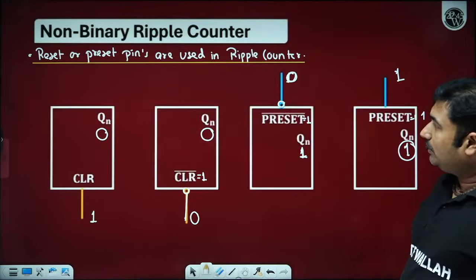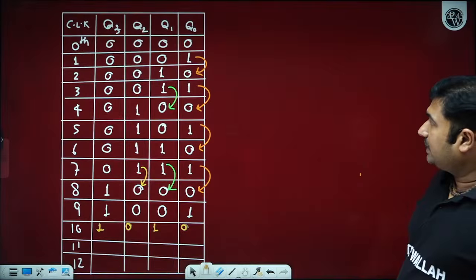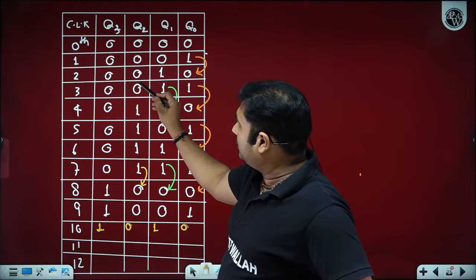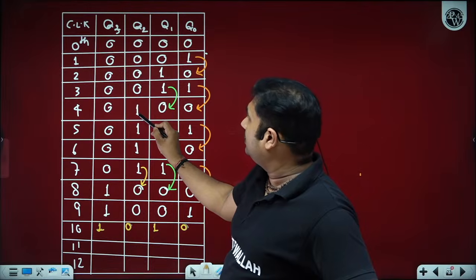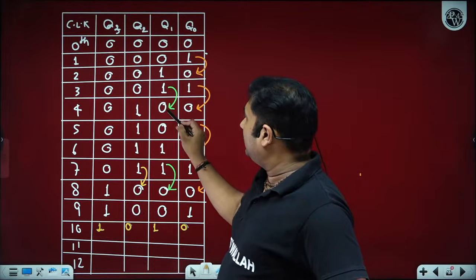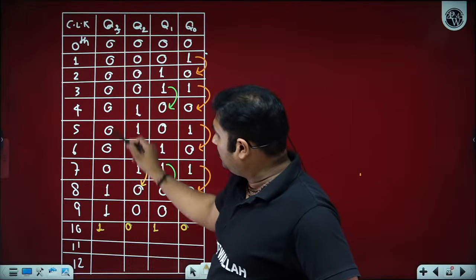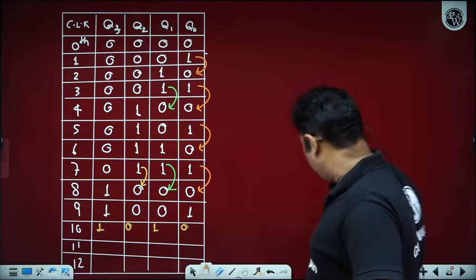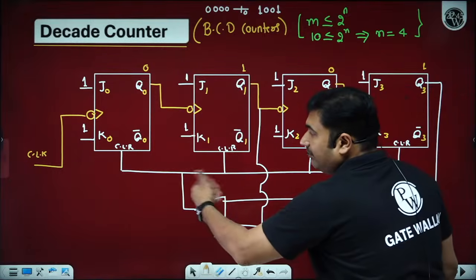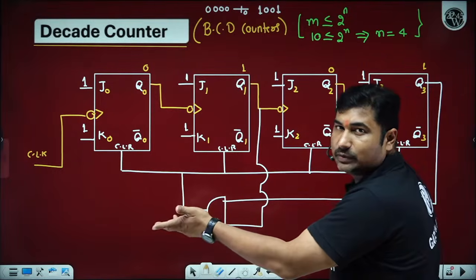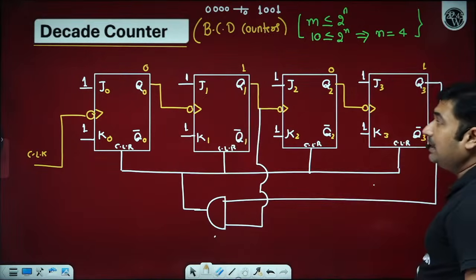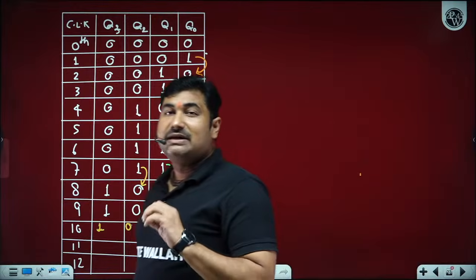Otherwise, if you observe here, Q2 is 0, and here Q2 is 1 but Q3 is 0. For Q3 and Q1, you can observe Q3 is 0, 0, 0. Until Q3 is 1, the AND gate output will be 0, and if the AND gate output is 0, the clear operation would not be performed, and we have stable states at the output.